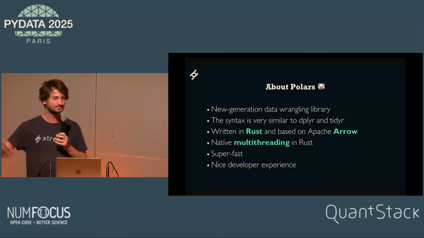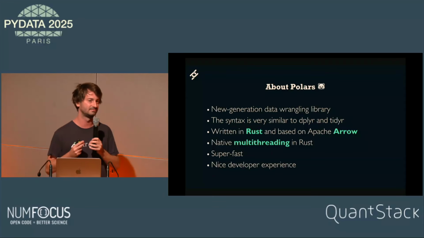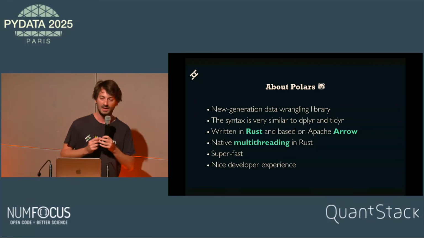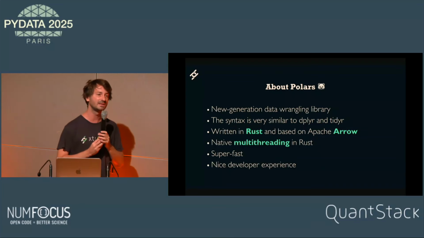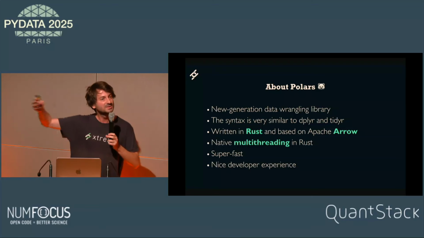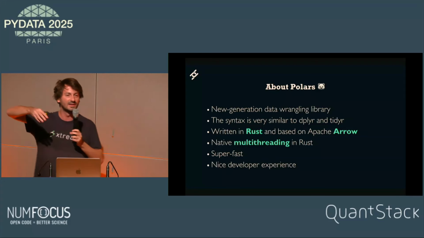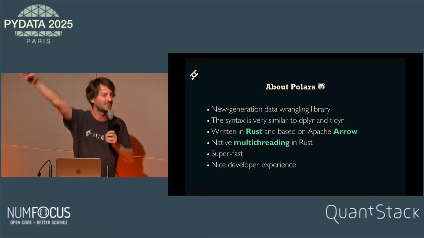Enter Polars. Polars is a next-generation data transformation tool. It's not that Pandas is bad, but Pandas was built in 2008, when computer vision was not solved yet, and when things like LLMs were just science fiction.